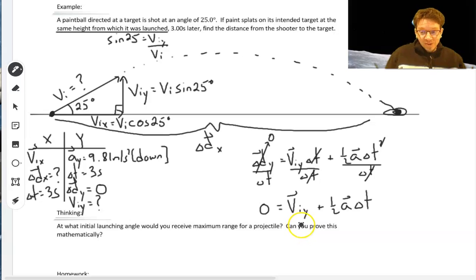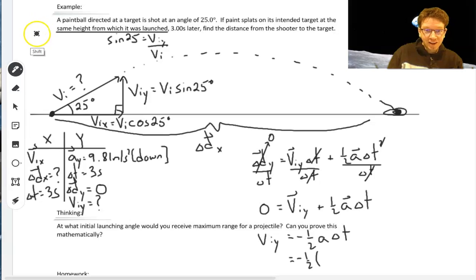So now I can just rearrange to solve for VIY. VIY equals, bring this term to the other side, make it negative 1/2 a delta t. Now that we have our expression, we can substitute what we know. Now acceleration is 9.8 meters per second squared, but it's down. And we're always using, for now, our coordinate system where up is positive.